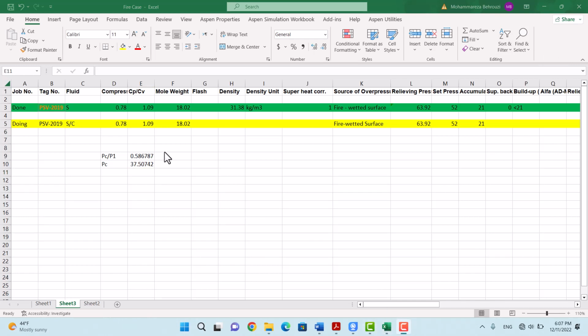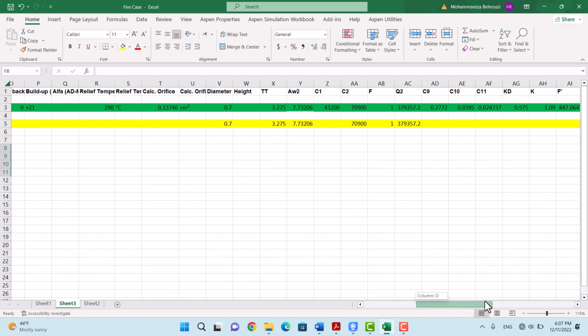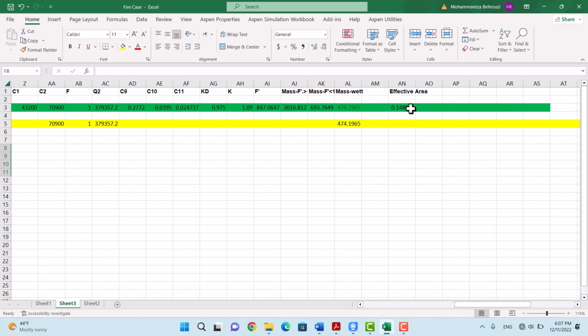Of course, I'm going to delete all of this. Here is the effective area. In order to save time, I'm going to pause and write down the equations. But before inserting the equation, we need to write down some parameters, the cofactors here.